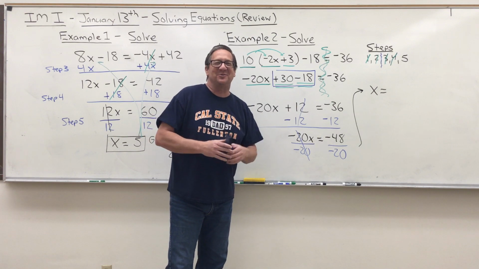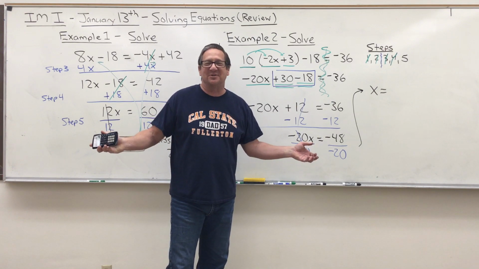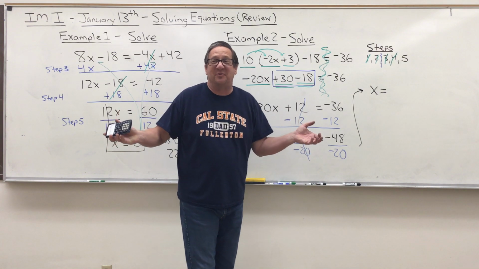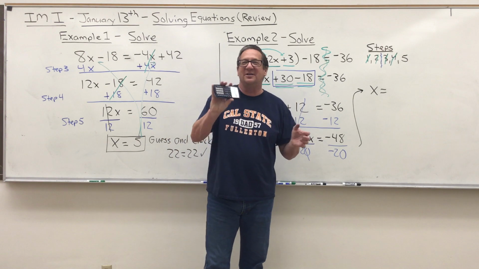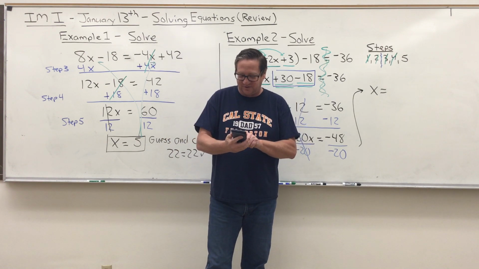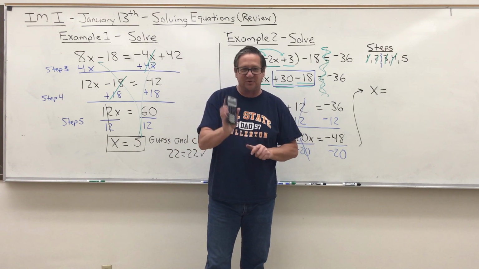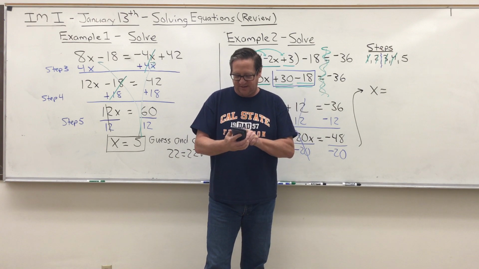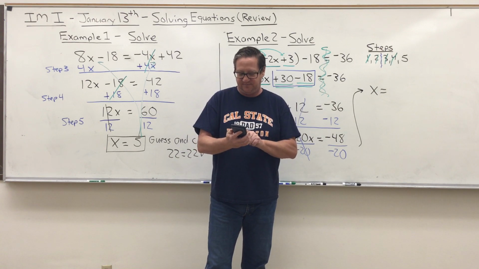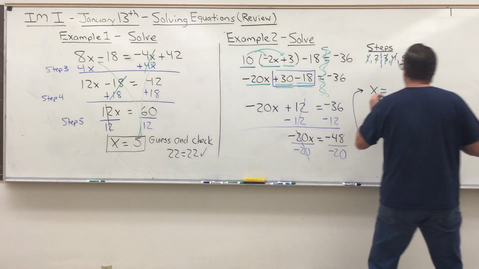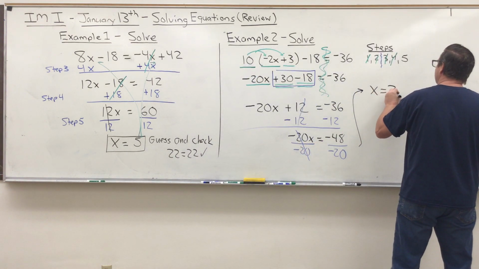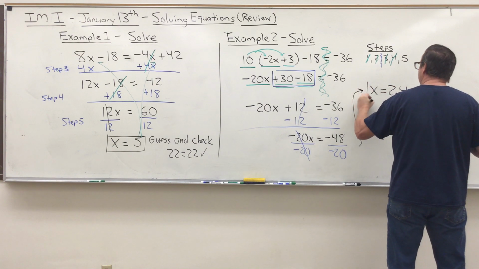Remember, not everything works out nicely in life for perfect numbers. There are fractions and decimals. This is the other reason I want you to have the calculator. We're going to do negative 48, make sure I watch my sign, divided by negative 20, and I hit the equals button, and I get x equals 2.4.